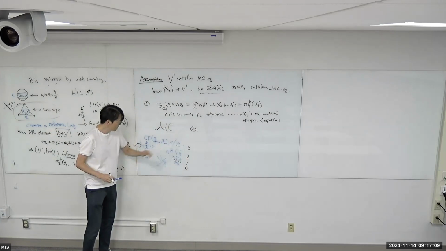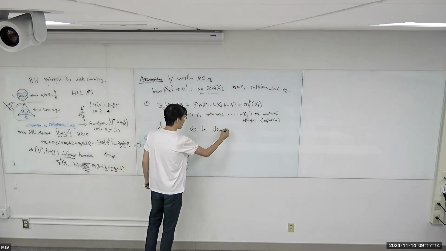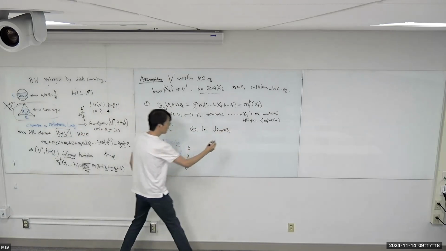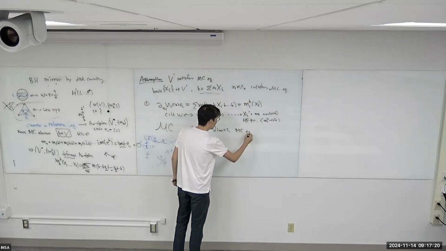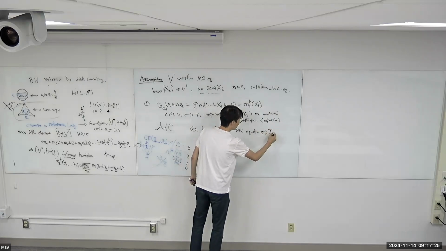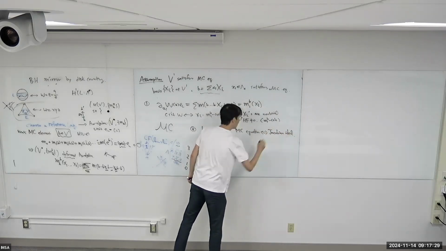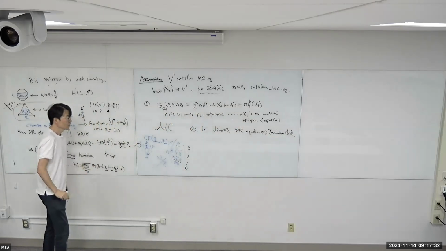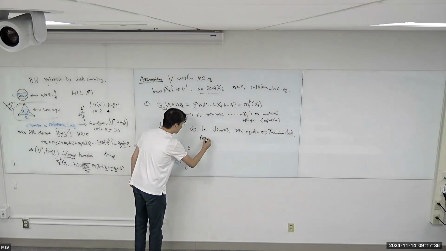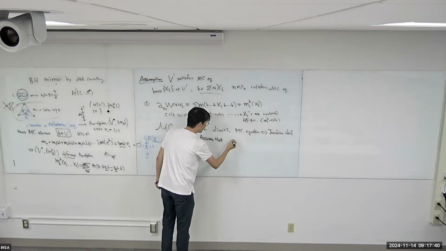So why do I say this? In kind of dimension 3, this Maurer-Cartan equation can be related to this Jacobian idea. So for this, we need to assume that we have a pairing.